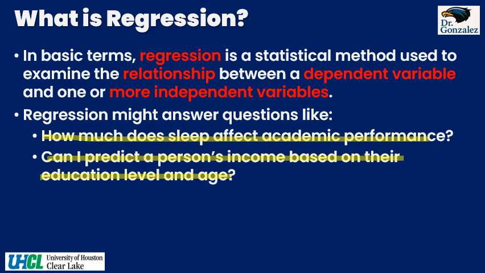So that one's pretty simple. It's one and one. But the prediction one says, can I predict a person's income? That's your dependent variable, based off a combination of education level and age. So that's where this gets very different from all of the other things that we've discussed in this course.